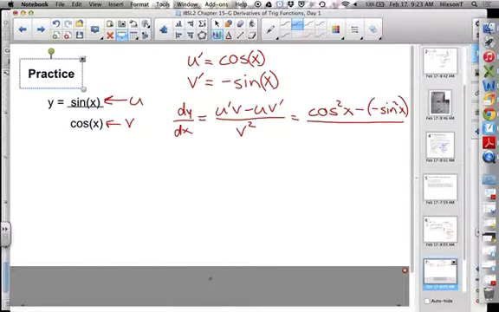And that's all over v squared, so that's cosine squared x. What's cosine squared minus a negative sine squared? Cosine squared plus sine squared. Yes. Just 1. And what's 1 over cosine squared? Secant squared.